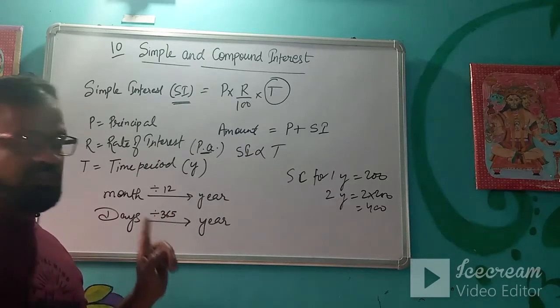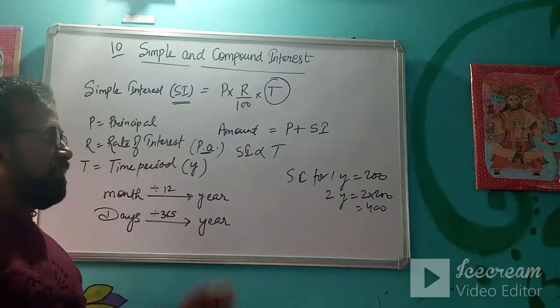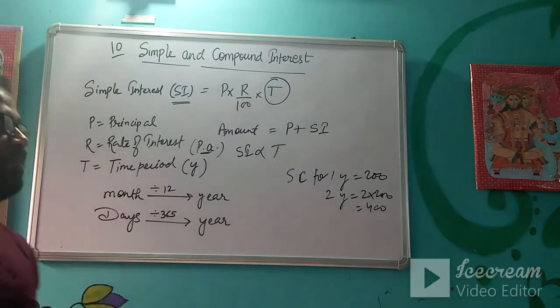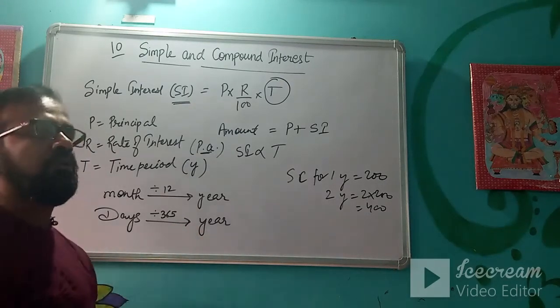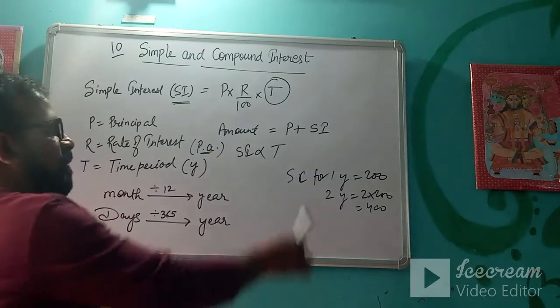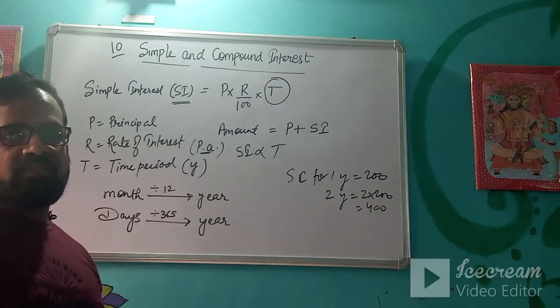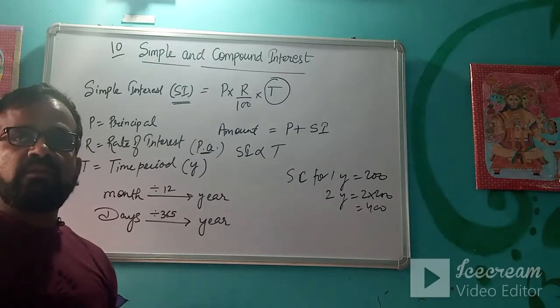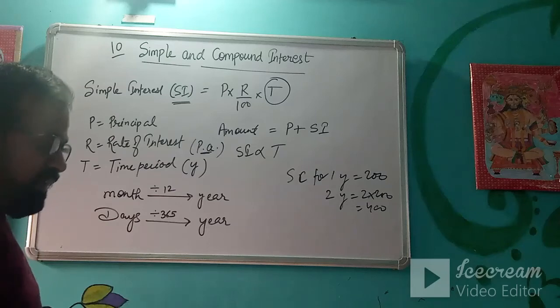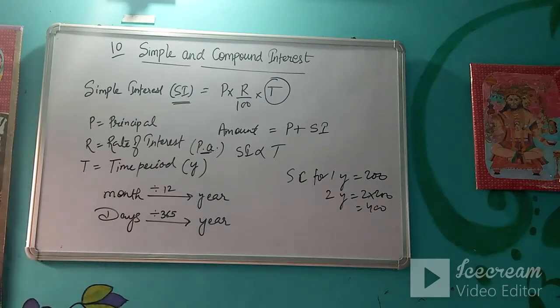Otherwise you will always take 365 to convert days into years. So keep these things in mind. One most important thing is that simple interest is charged for the whole period of time. Here T will be the total time which is given, either 2 years, 3 years, 6 years or 10 years. So we will keep these things in mind and solve a few problems related to simple interest.